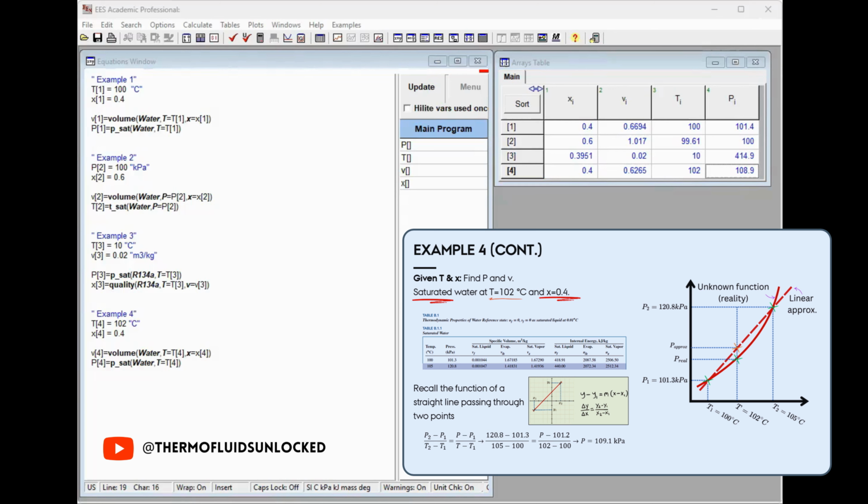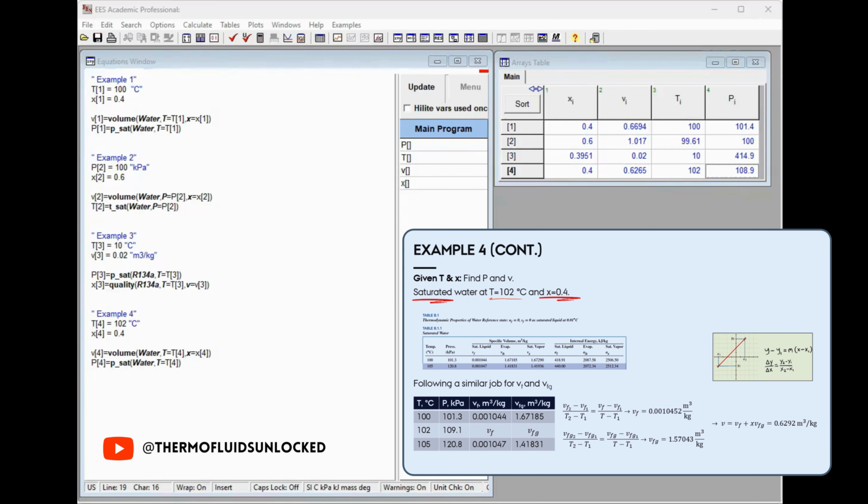The challenge is that when you want to calculate the effective specific volume for such a mixture, you have to repeat this process for the specific volume of saturated liquid at 102 degrees Celsius, and you also need to repeat it for VFG, which is basically the difference between specific volume of saturated vapor and saturated liquid.